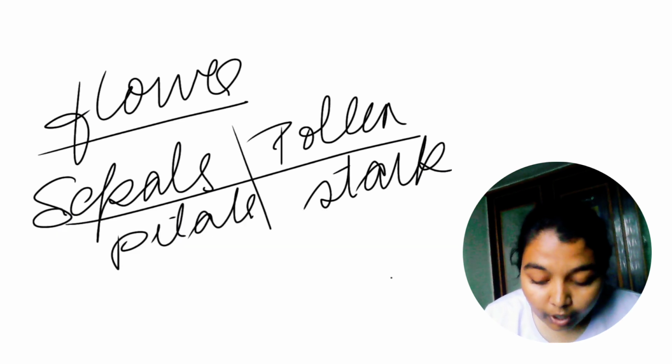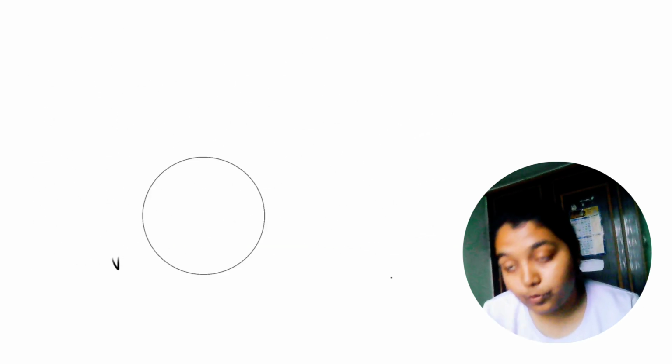The most important and repeated question is the structure of the flower, so you have to refer to the complete structure. Firstly let's discuss each part, and then we'll combine everything to make a complete picture.